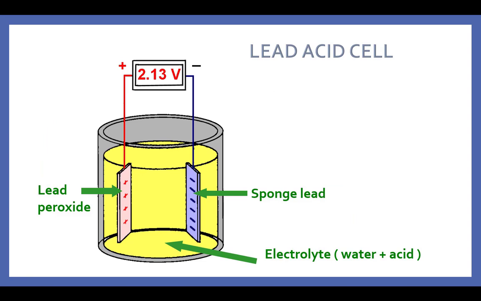A lead acid battery, kind of showing the same components. You've got a couple different leads, an electrolyte, and there's a transfer and ionization that occurs that creates the difference in charge. Was going to read the voltage.